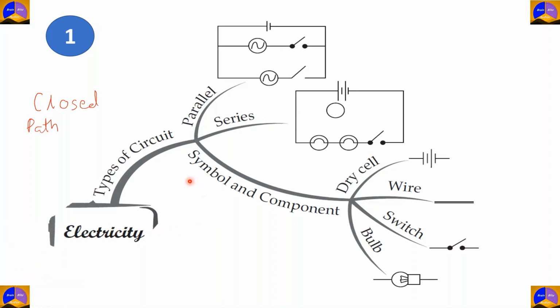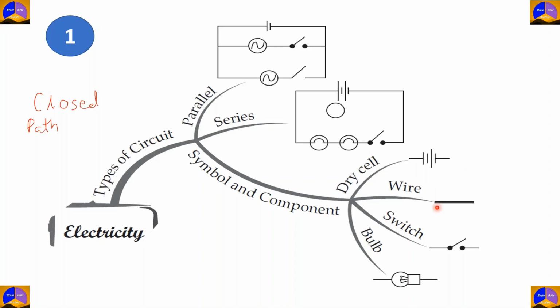Here are some of the symbols of an electric circuit. The 4 vertical lines here represent a dry cell. The cell is the electrical component which provides the necessary potential difference to an electric circuit.